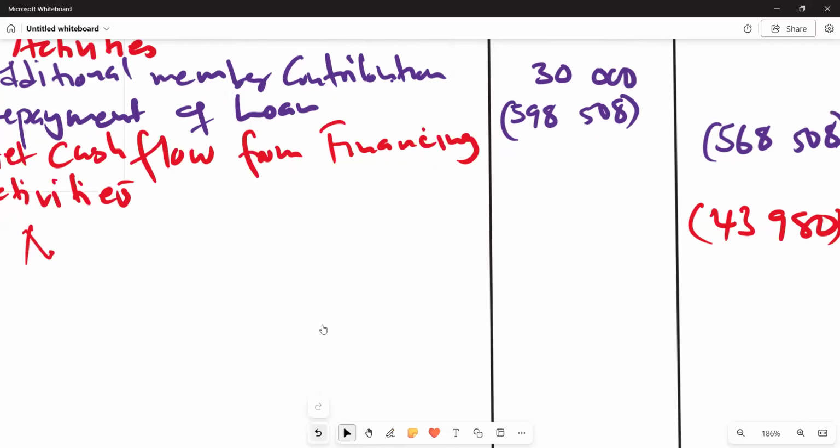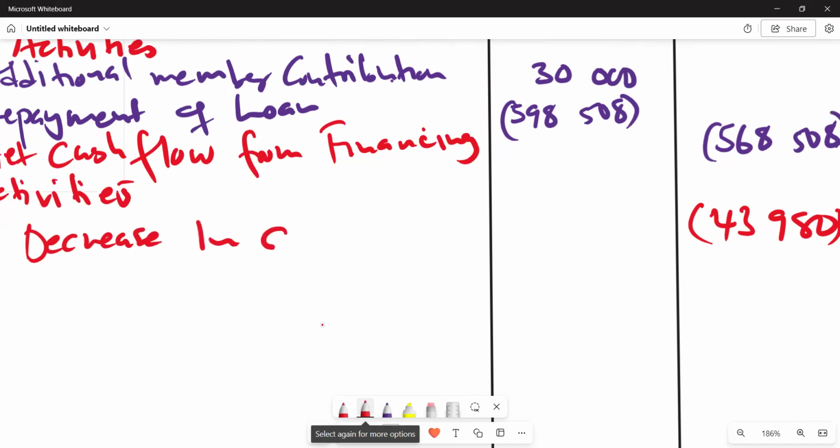We're indicating it as a decrease in cash, and then from there now we can add cash at the beginning of the year.